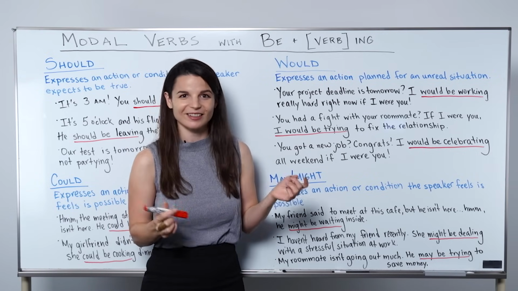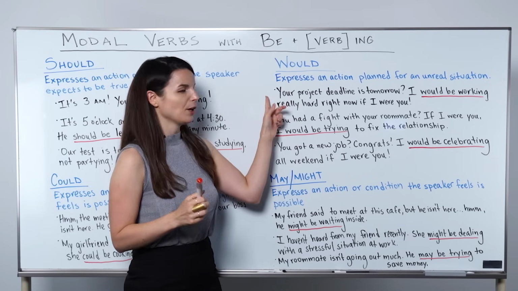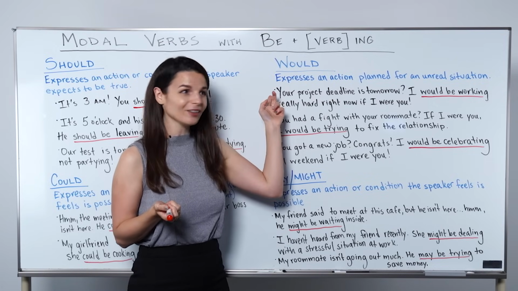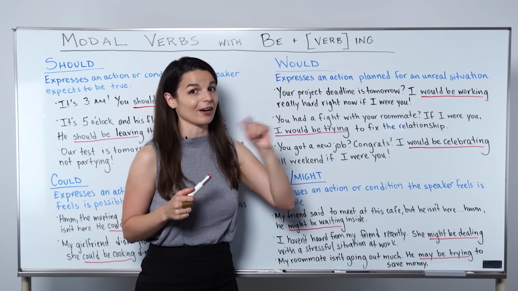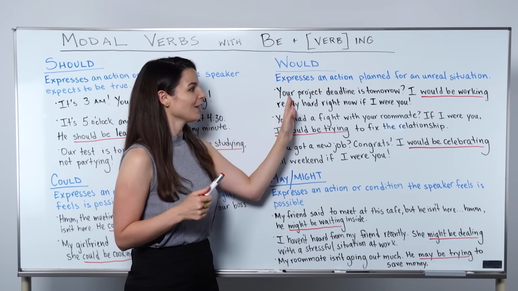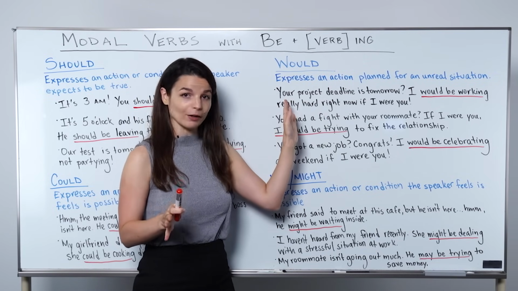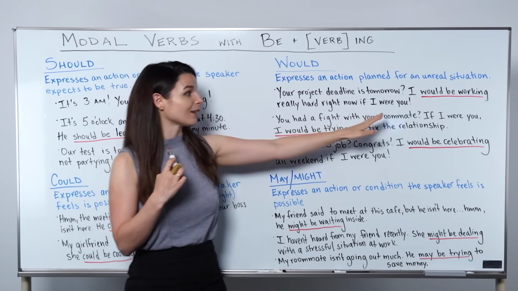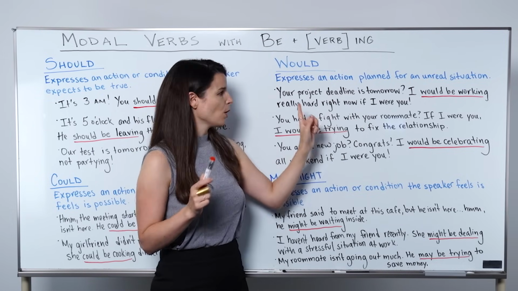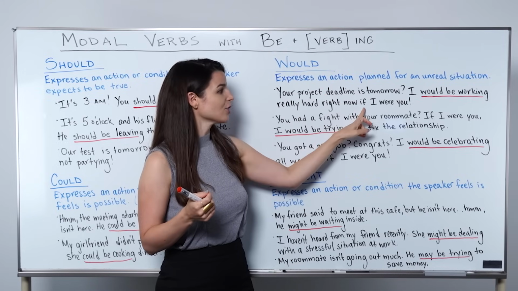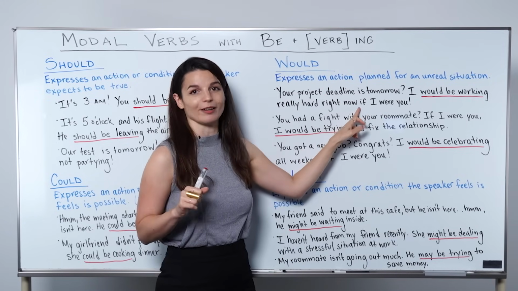So what does this look like? Let's take a look. First, your project deadline is tomorrow? I would be working really hard right now if I were you. So again, your project deadline is tomorrow? I would be working really hard right now if I were you. So what's this conditional? My conditional here, you can find the if part here.